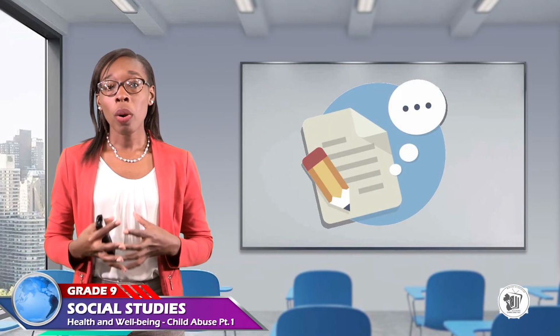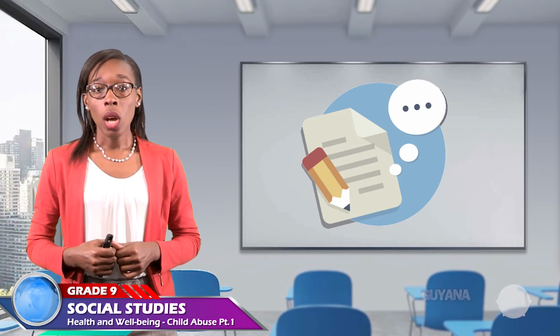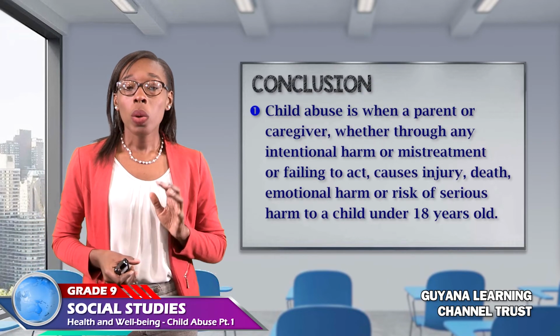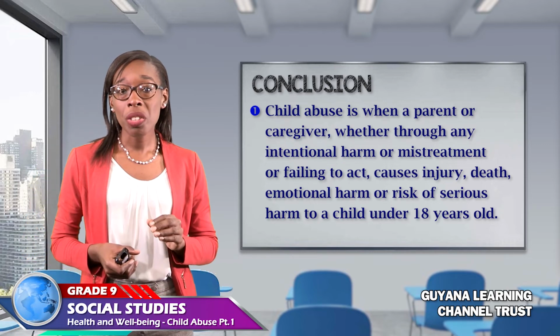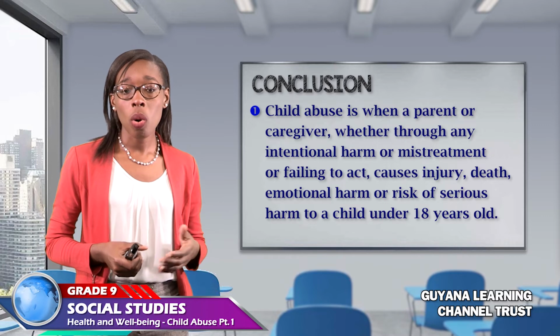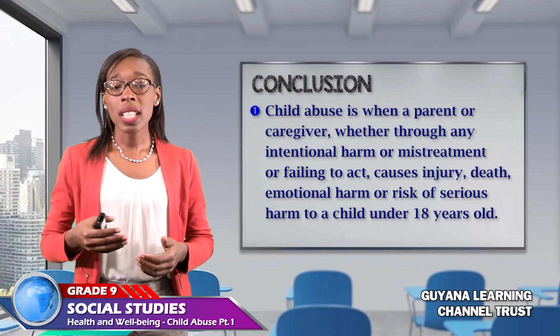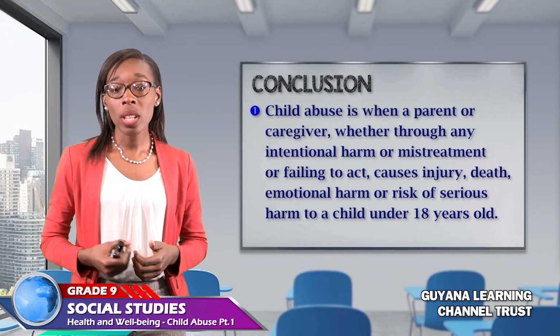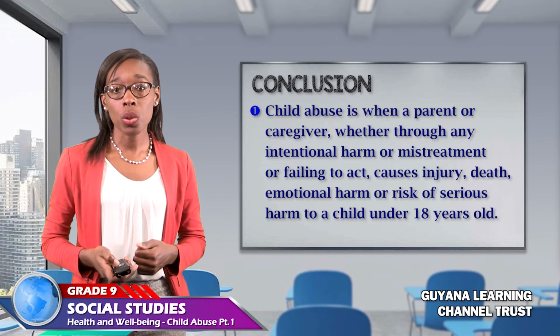So let's wrap up our understanding of this topic as we come to a close. We want to highlight some key takeaways. So here goes. One: child abuse is when a parent or a caregiver, whether through an initial harm or mistreatment or failing to act, causes injury, death, emotional harm, or risk of serious harm to a child under 18 years old.